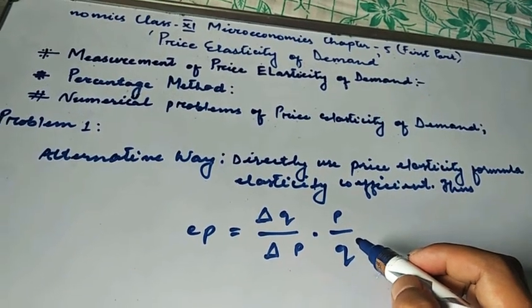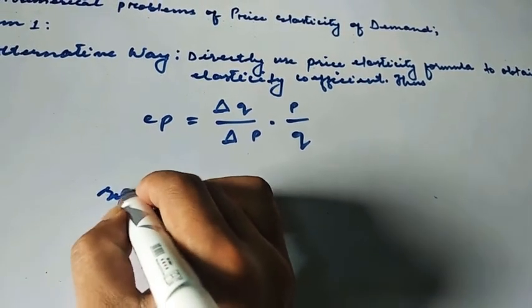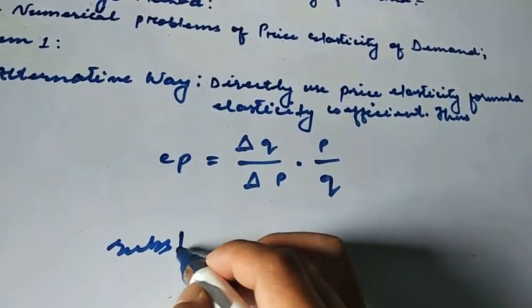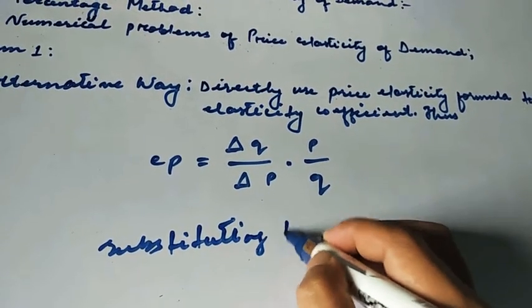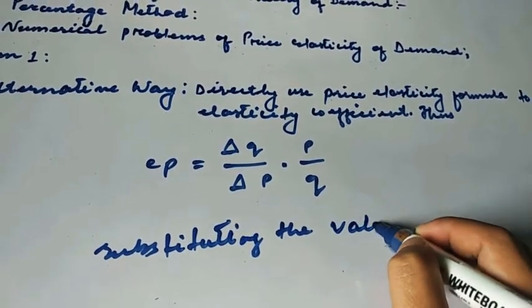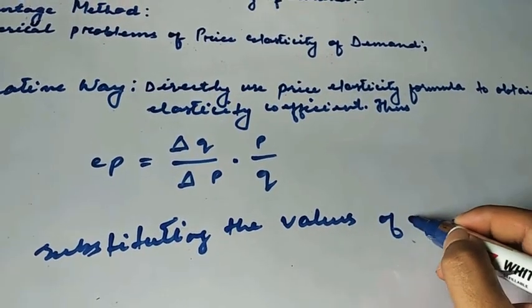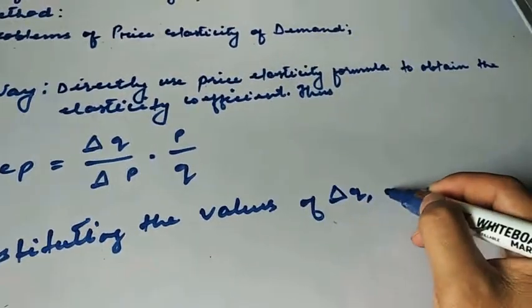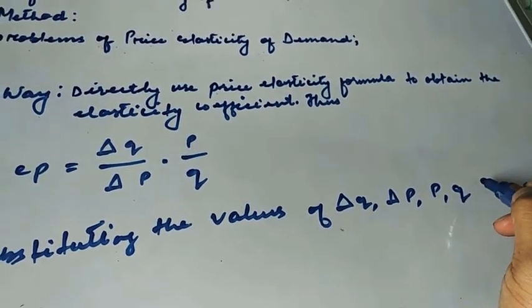So we just substitute the values of change in Q, change in price, P and Q.